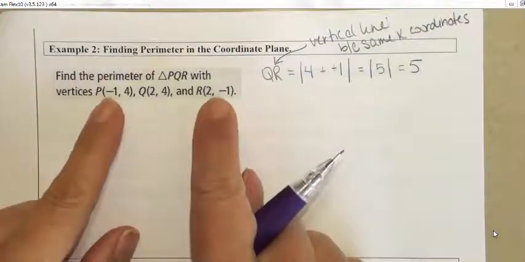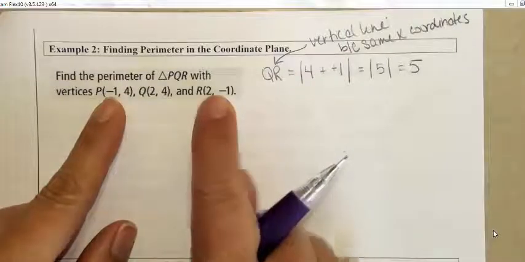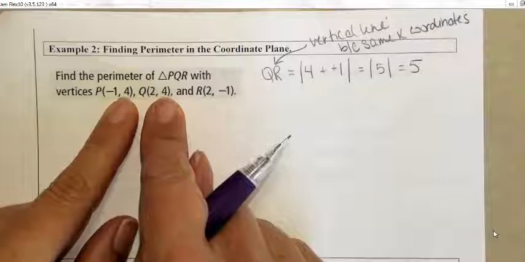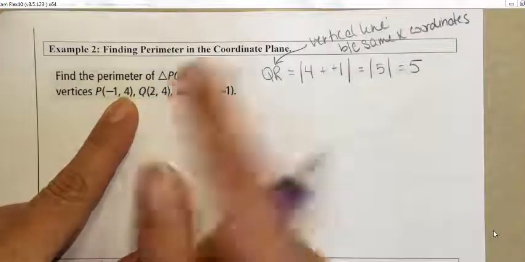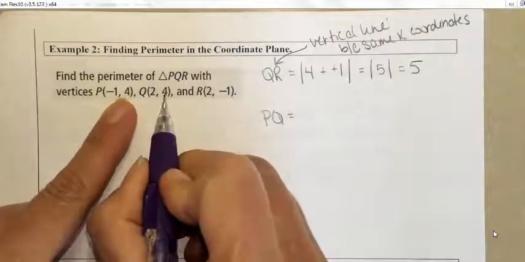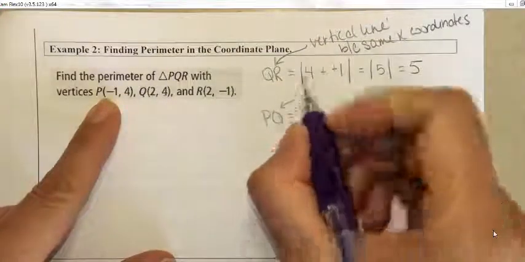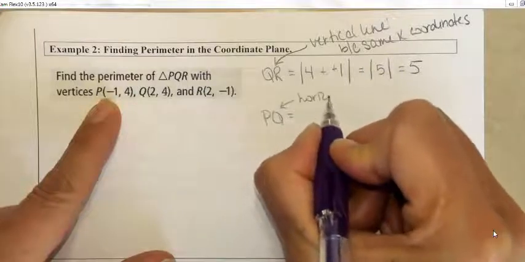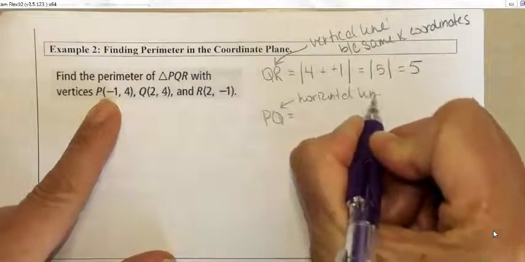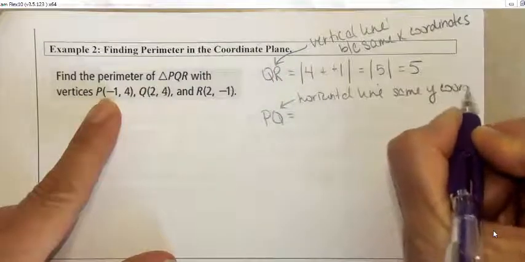Let's look at PR. Oops, nope, those are not the same. Oh, how about PQ? PQ has the same y coordinates. Okay, so let's do the same thing here. So PQ has the same y coordinates, making this a horizontal line, right? So we know that this is a horizontal line because we have the same y coordinates.